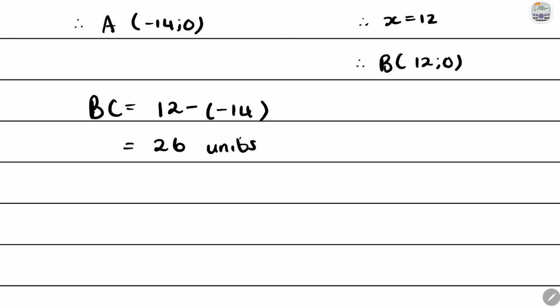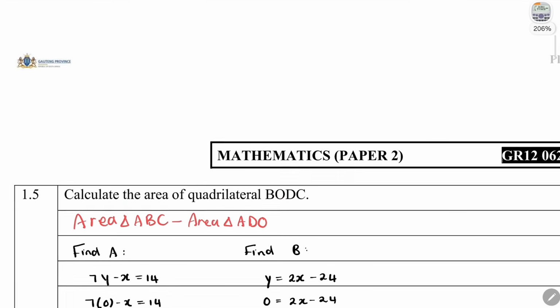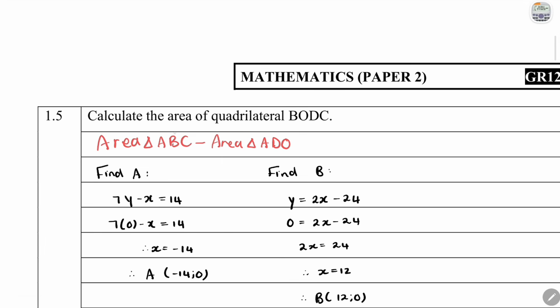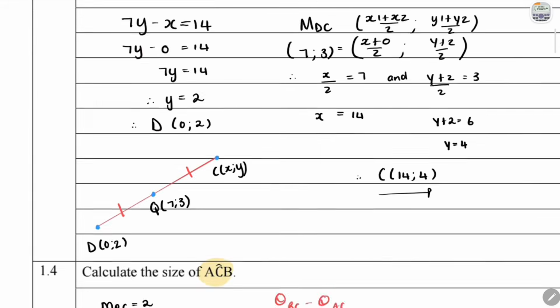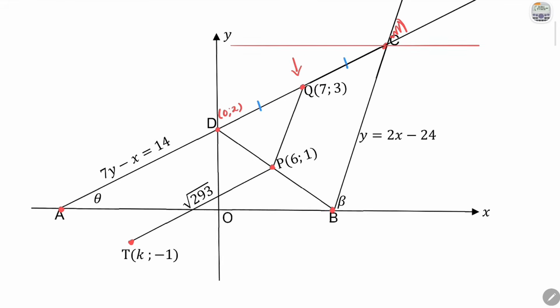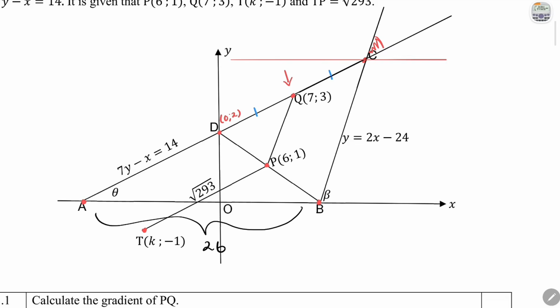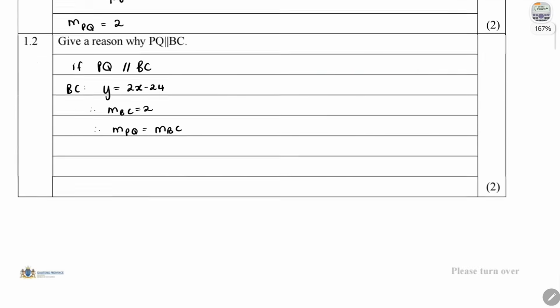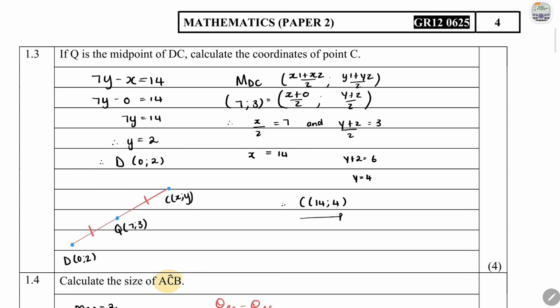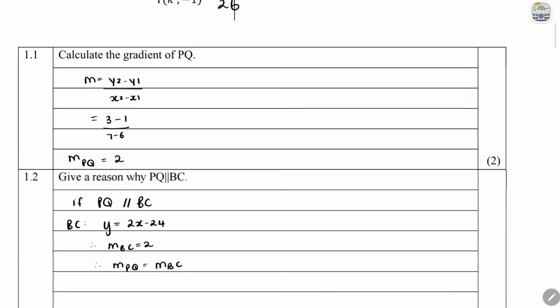Okay, so we have the base now, and now we just need its perpendicular height, so the area of ABC. So the base is 26. What is the height? This point C, we already found that point, and C was 14 and 4.